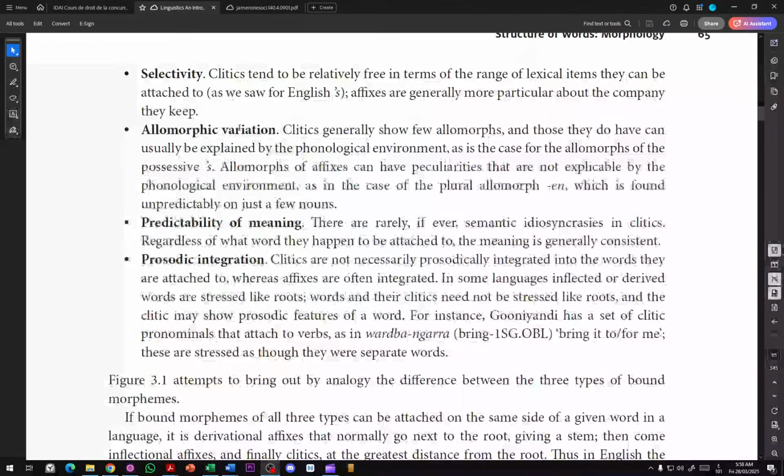Allomorphic variation. Clitics generally show few allomorphs, and those they do have can usually be explained by the phonological environment, as is the case for the allomorphs of the possessive 's.